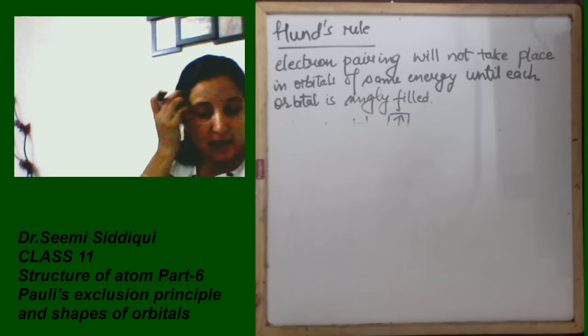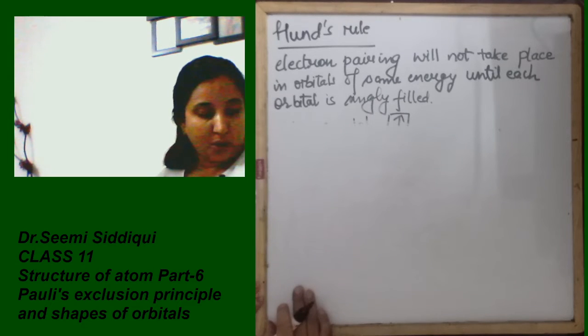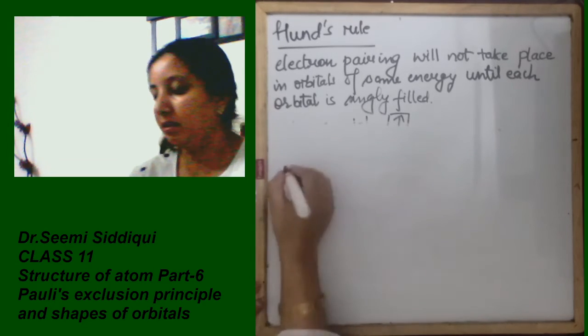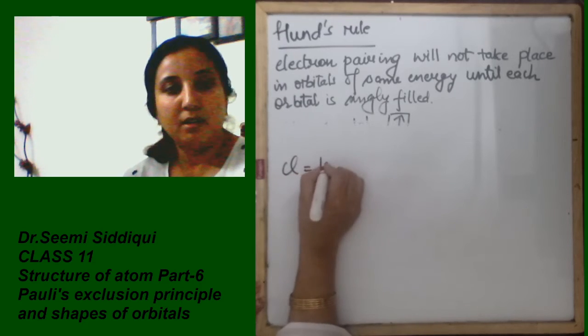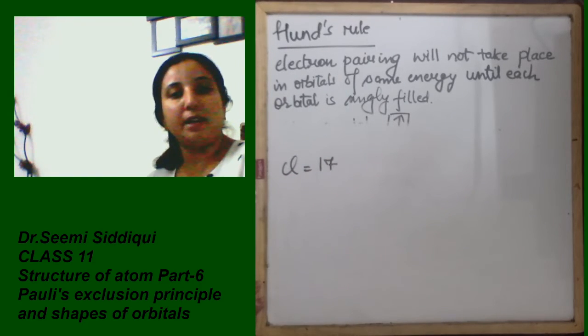Let's take the example of your chlorine, Cl. Chlorine is 17.